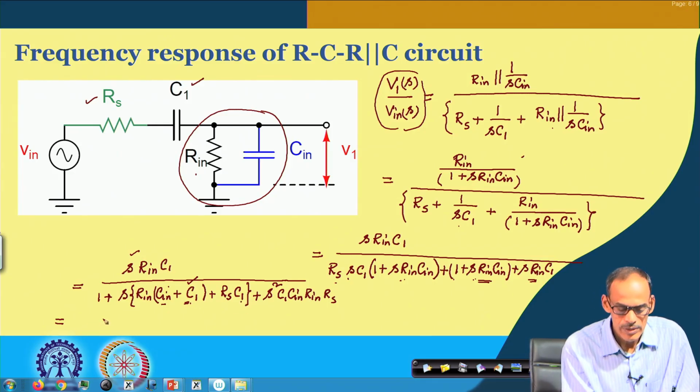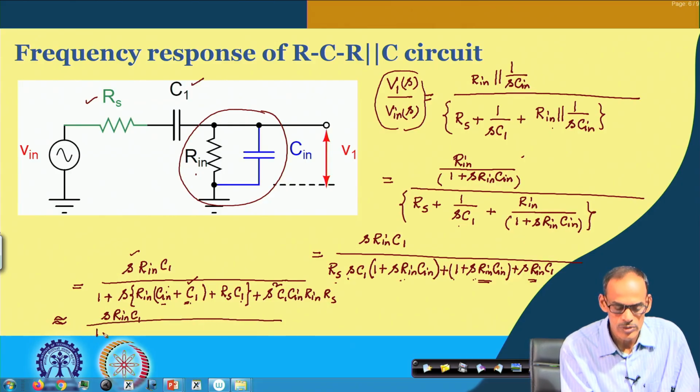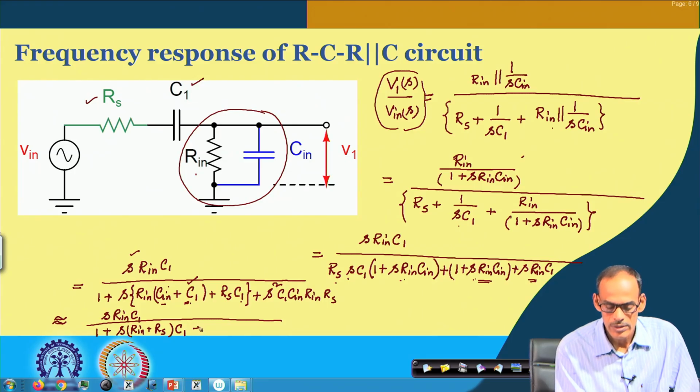So, with this approximation, we have sR_inC1 in the numerator, and in the denominator we do have 1 plus s times R_in plus R_S into C1, and then the coefficient of s squared is given here, which is R_in into R_S into C_in into C1.